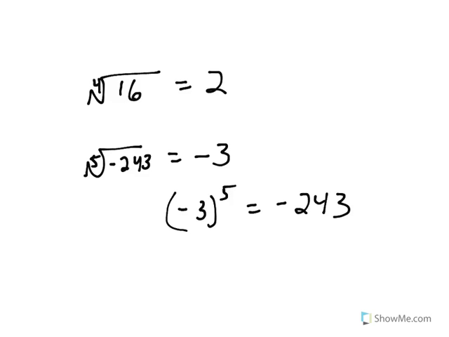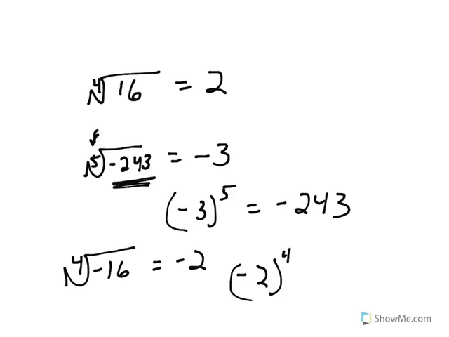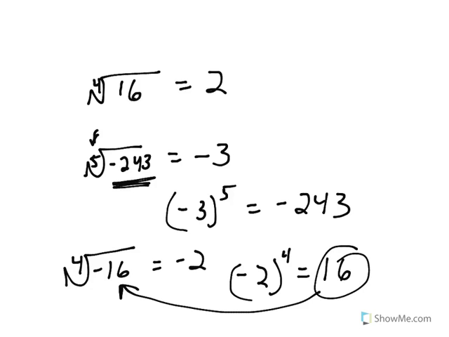So we can take the odd root of negative numbers, but we cannot take the even roots of negative numbers. For example, if we had the fourth root of -16, we cannot say that's -2, because -2 to the fourth power is +16, not -16. So with even indexes, it cannot be done on a negative number.